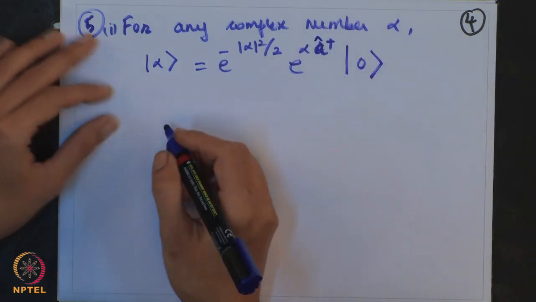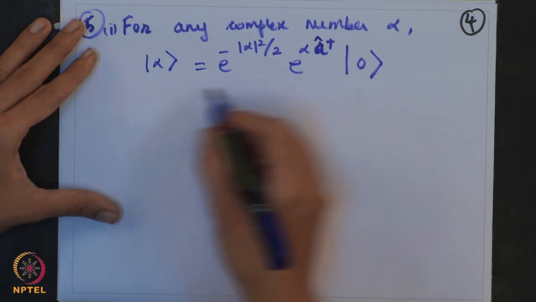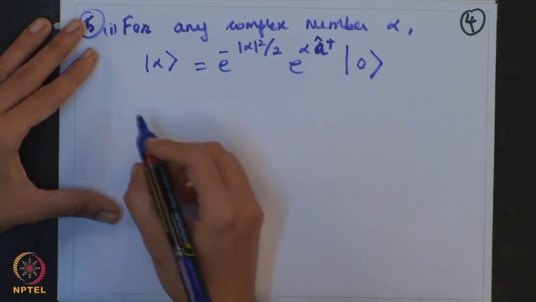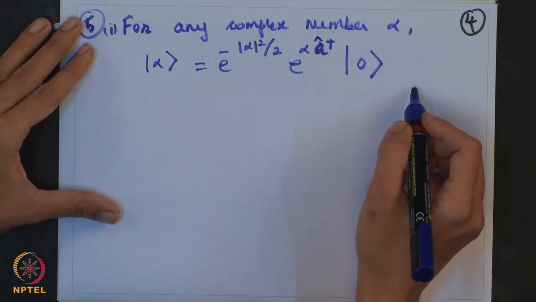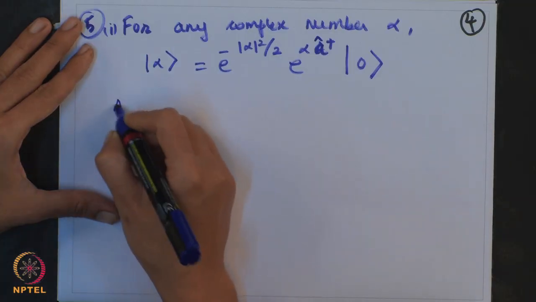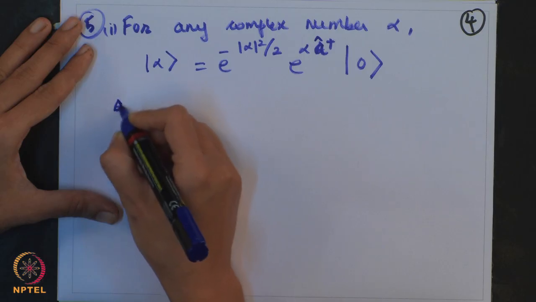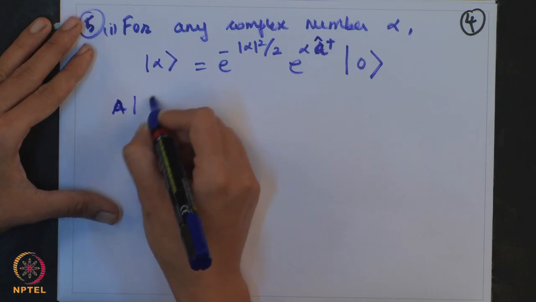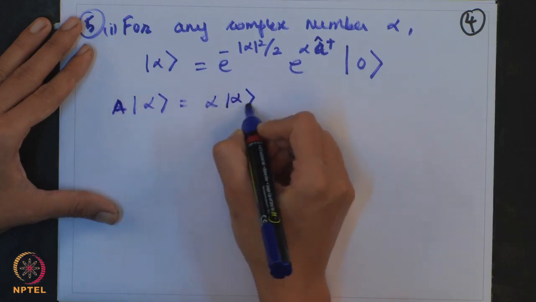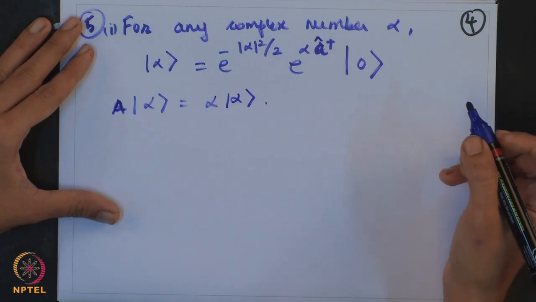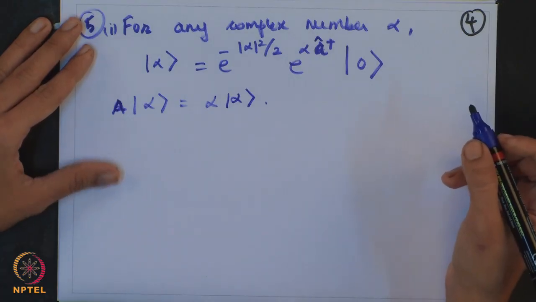Just recollect that, and this normalized eigenket of A has eigenvalue alpha. So, when the operator A is operated on |alpha>, you get eigenvalue alpha. Okay. This you have to remember.